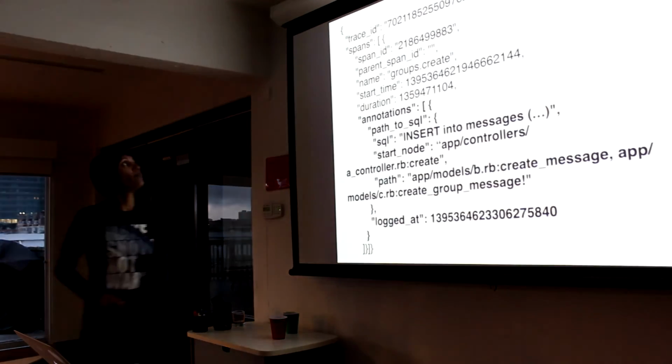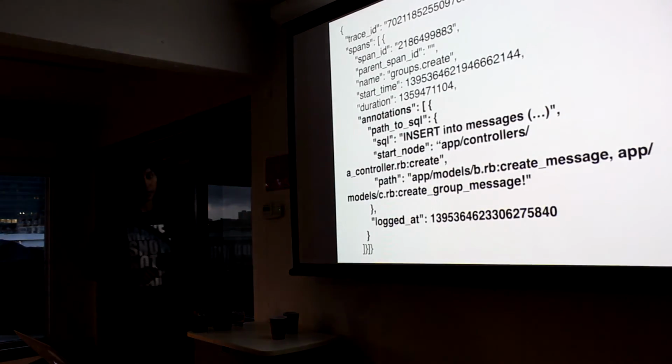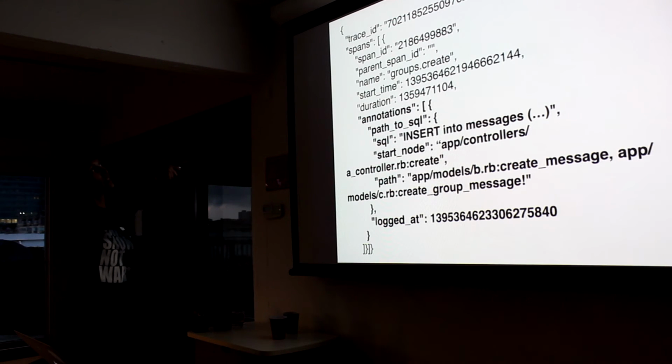This is an example of a sample trace in JSON format. You can see at the top there's a trace ID, and a trace is a list of spans. There's only one span in this example, but I think that's good enough. Then you have a span ID, and clearly the parent span ID is empty. That means it's the root span. It has a human readable name, a start time and a duration, and a list of annotations.